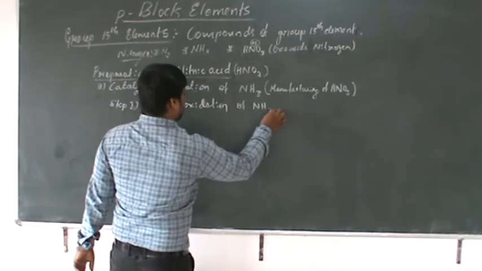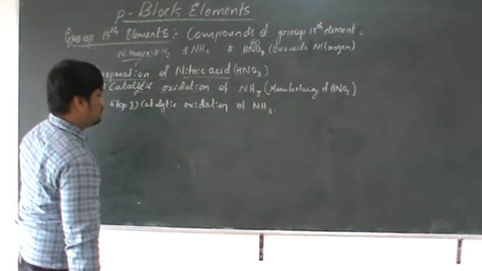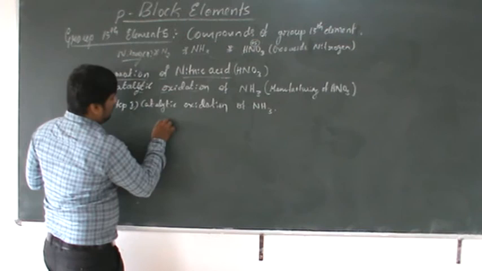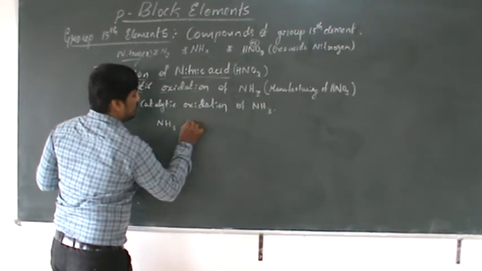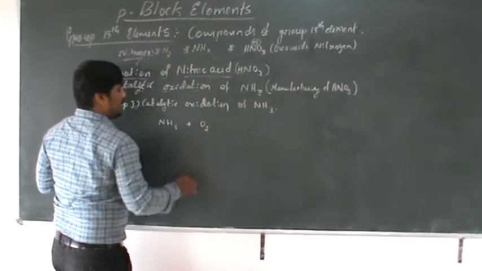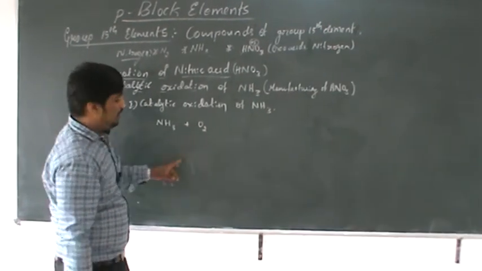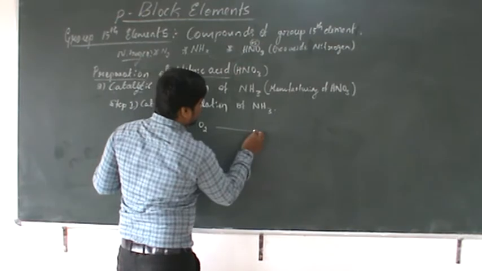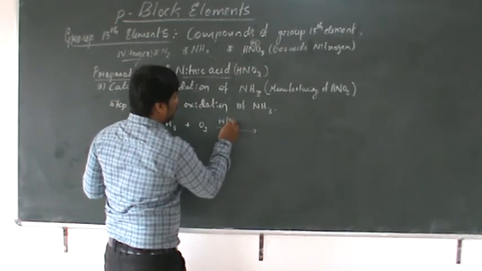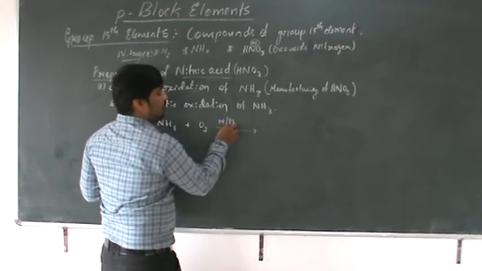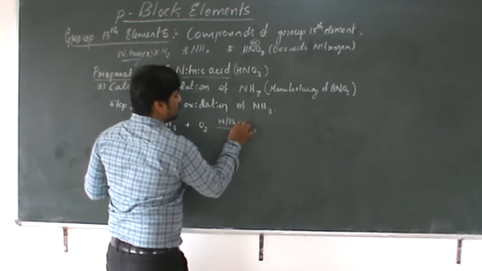Which catalyst is used for this case? When ammonia is oxidized with the help of air, it is subjected to catalytic oxidation with the help of platinum or rhodium gauze.